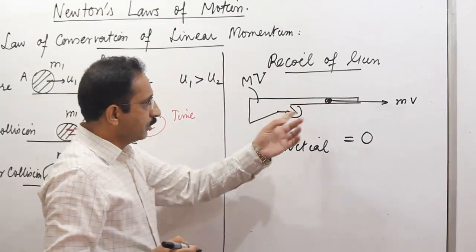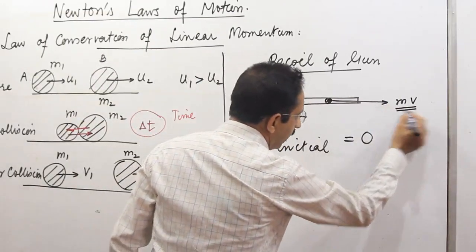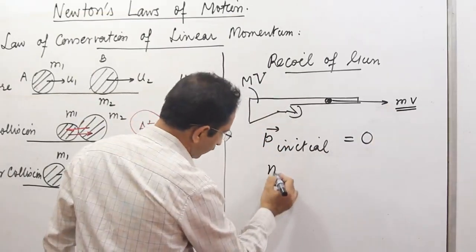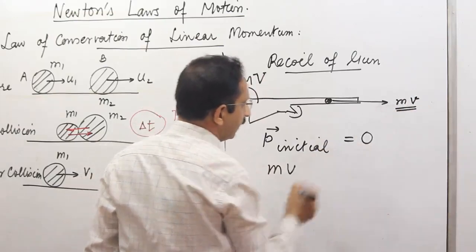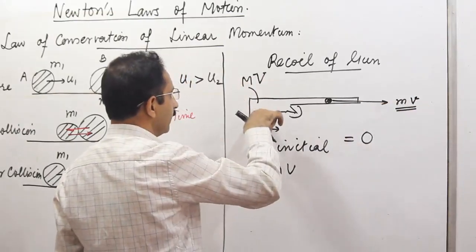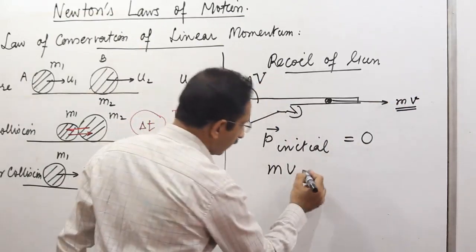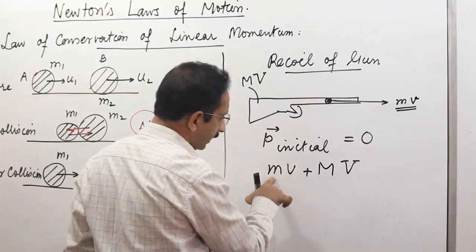But once the bullet is fired out, there is a linear momentum in this direction, and that is mv. And if I say this is the linear momentum in the forward direction, what should happen here? इसने भी एक अपना linear momentum achieve किया है, and that linear momentum is capital M capital V. ये गन का है, ये बुलेट का है.